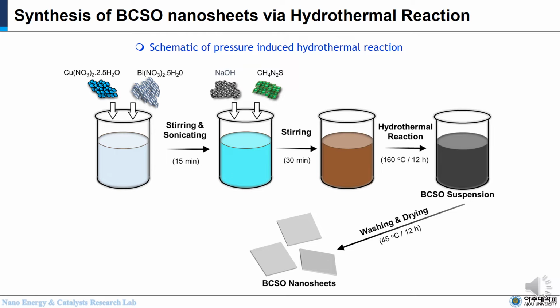After stirring for 30 minutes, the dark brown solution is transferred into a Teflon-lined autoclave and maintained at 160 degrees Celsius for 12 hours. The BCSO nanosheets were finally obtained by repeatedly washing the BCSO precipitate or suspension with DI water and finally with ethanol, and drying it in a hot oven overnight.